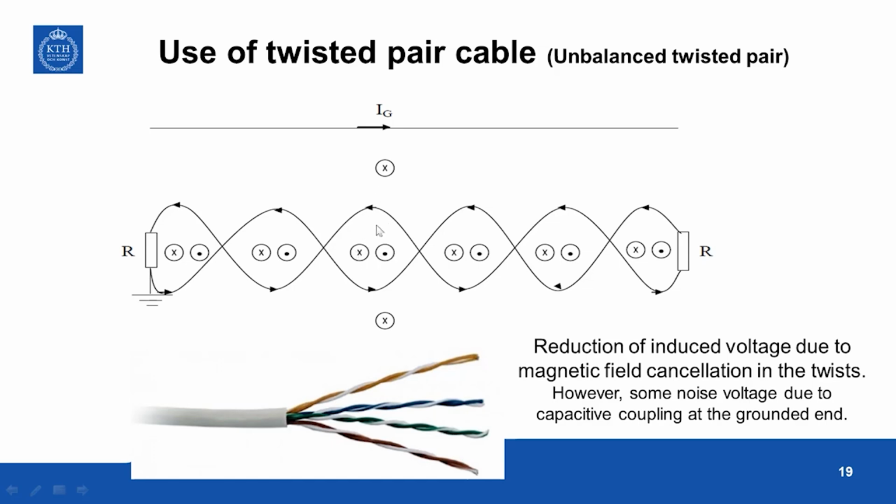In that way, it will reduce the coupling inside the loops. So this is the way the twisted pair is acting.